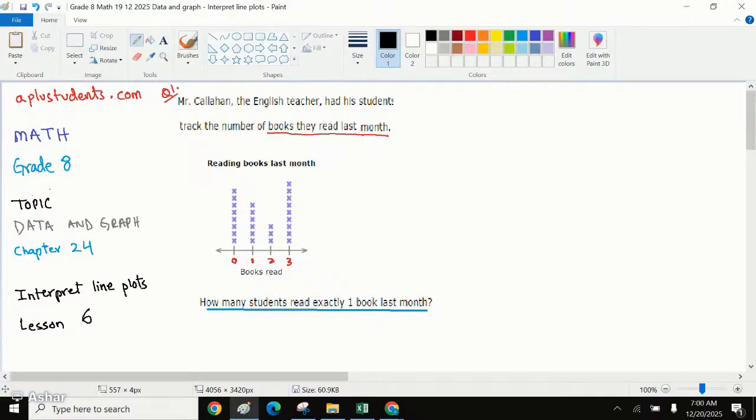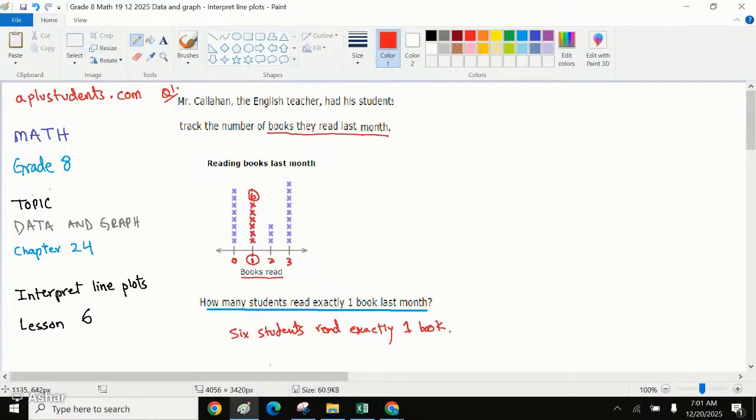Exactly 1. Okay. So what we do is we count the number of crosses over here. 1, 2, 3, 4, 5, and 6. Right? There are 6 crosses over here. That means 1 book was read by 6 students. So we can say 6 students read exactly 1 book.